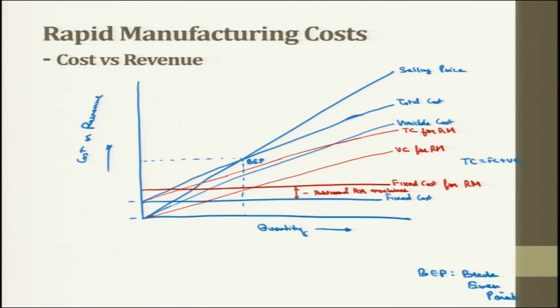Now I will put selling price in a very different color. Let me say this is the selling price. So in maroon color we have a new break-even point here, that is, this is again a BEP. This is BEP and this is BEP.